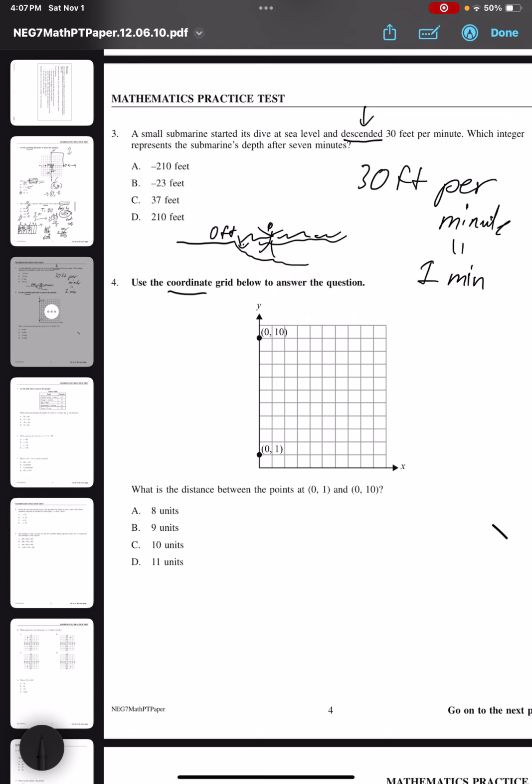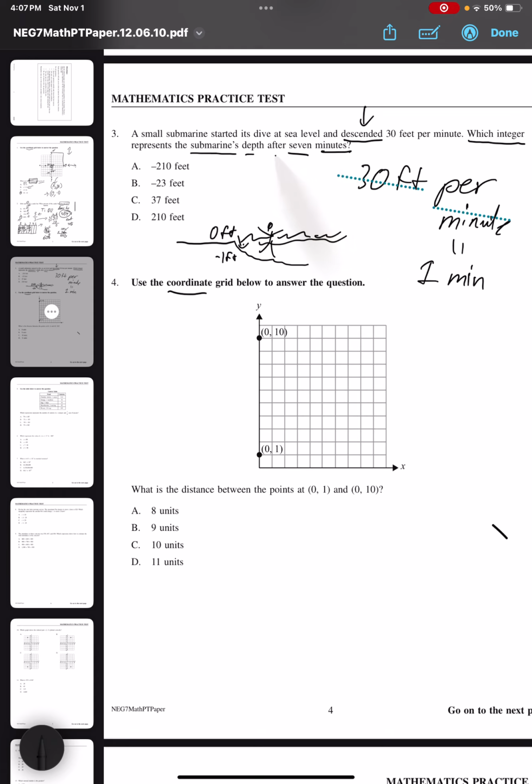That's what descending means. So let's just say this is -1 feet. So descending means you're going down. Now, which integer, if you know what an integer is, it's a positive or a negative number that can represent the submarine's depth.